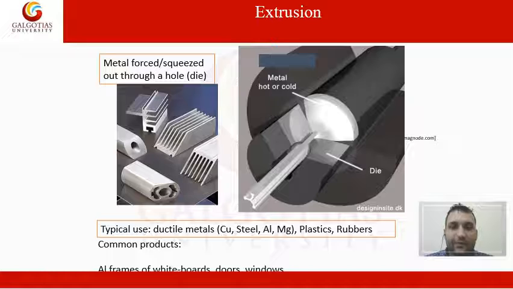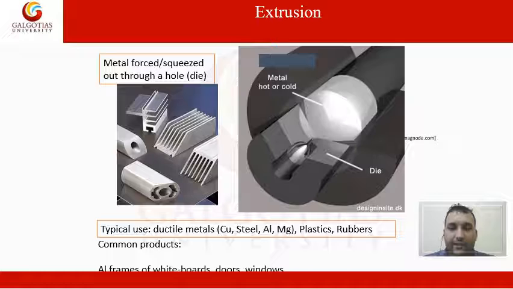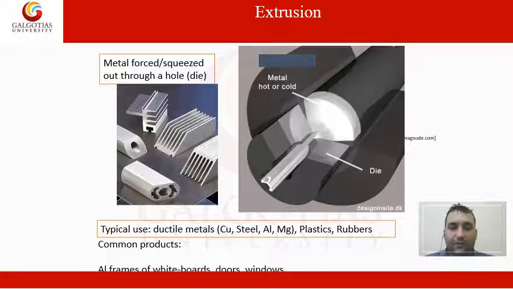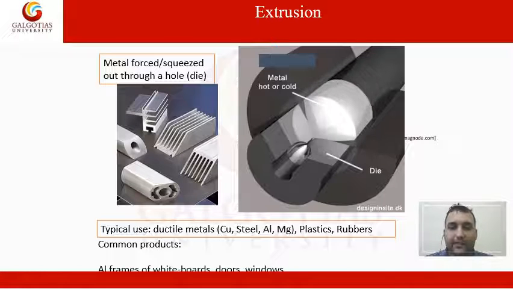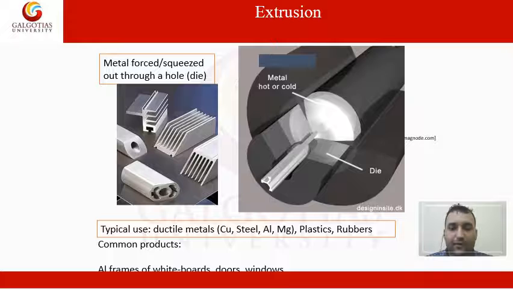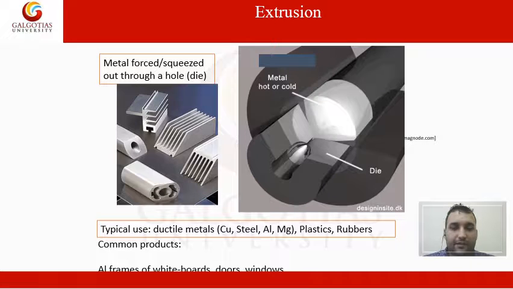This type of intricate shape can be obtained easily with the help of a specific design of the extrusion opening. It is typically used with ductile metals like copper, steel, aluminum, magnesium, plastic, and rubber, and common products can be seen on the left side.